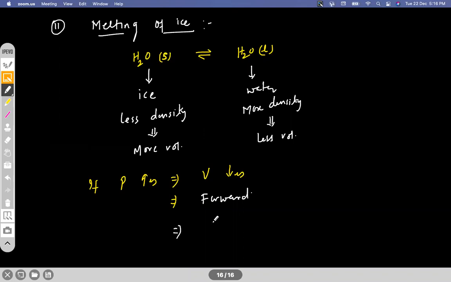So we can say the melting point decreases. That's what we are increasing the pressure. So you have to minimize this effect, the increase in pressure, and to minimize this only, it will go towards the lesser volume.